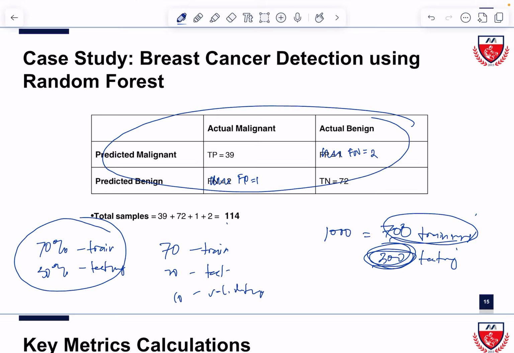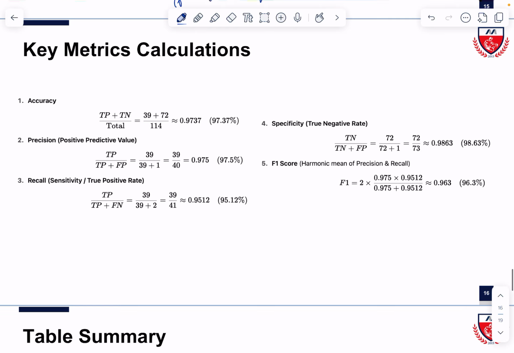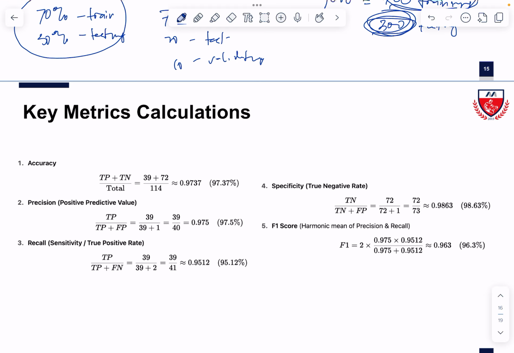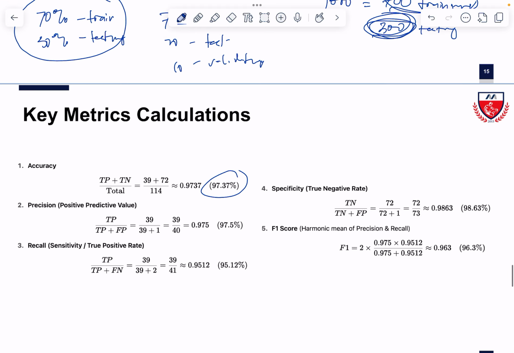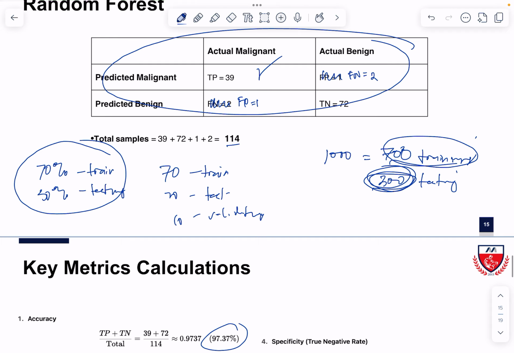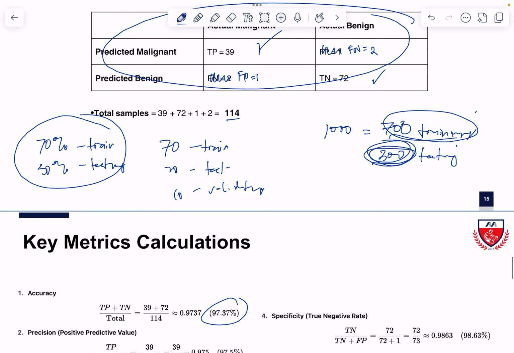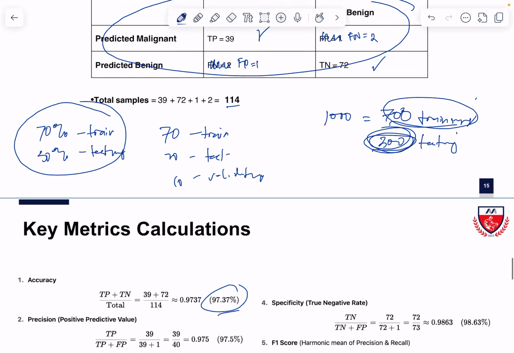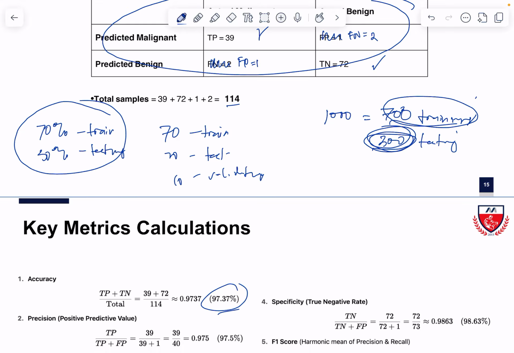There are 114 samples tested in a real-world setting, right? So this is the key metrics, right? The accuracy, that's 39, correct classification. Atoms N72 is also correct. That's a total of something over 114. Yeah. And it gives us a 97% accuracy.